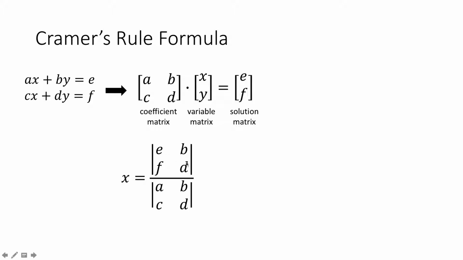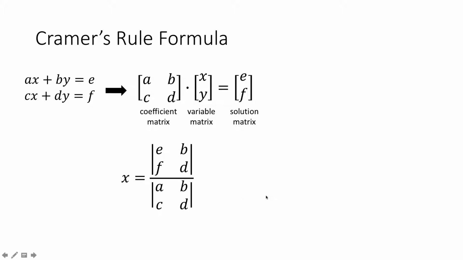You would take the determinant of these and divide that by the determinant of the coefficient matrix. I'll say that again. You take your coefficient matrix as your numerator, except you replace the first column with your solution matrix. So instead of A and C, I would have E and F. The determinant on the bottom would be your original matrix, A, B, C, D.